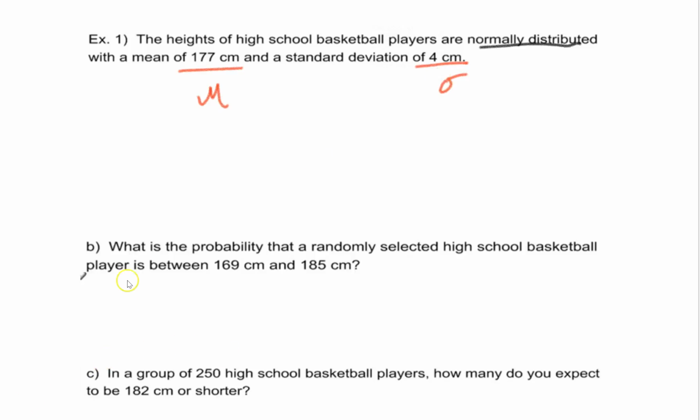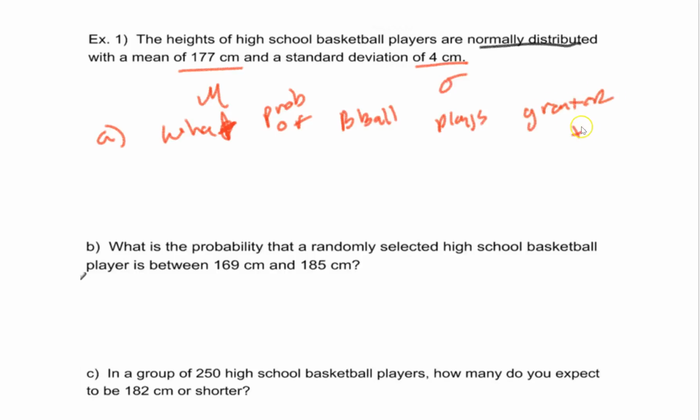The A problem was something to the effect of: what is the probability of basketball players being greater than, let's say, 190 centimeters? So I want to know the probability of getting something that's greater than 190 centimeters. Again, I like to draw it.